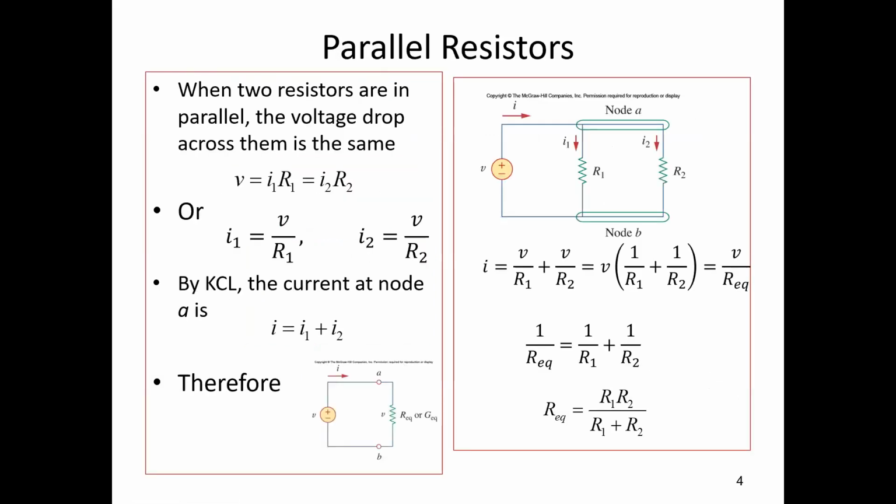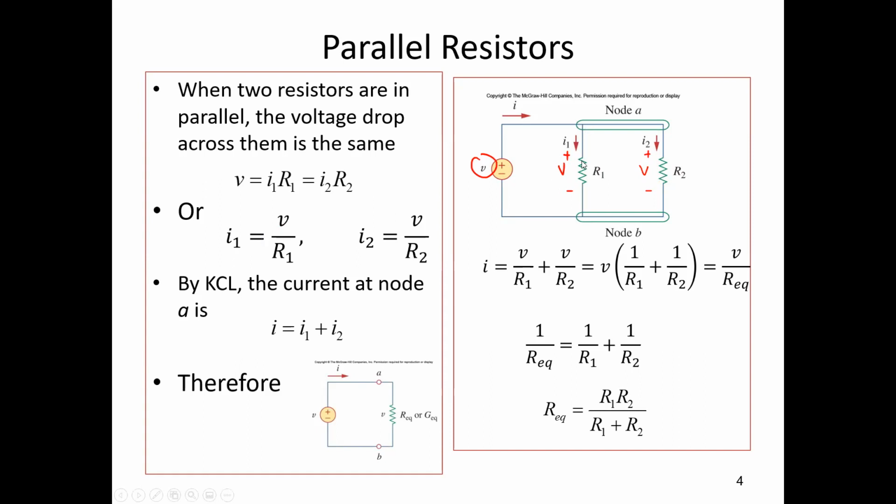And this is about the parallel resistor. When two resistors are in parallel, the voltage drop across them is the same. For example, in this circuit, the voltage drop across R1 is V. The same goes for the voltage drop across R2, which is also V. So V is equal to I1 R1, which equals I2 R2.